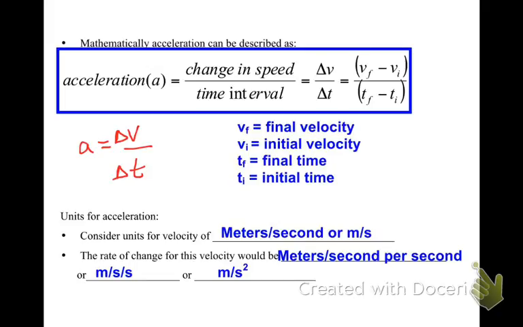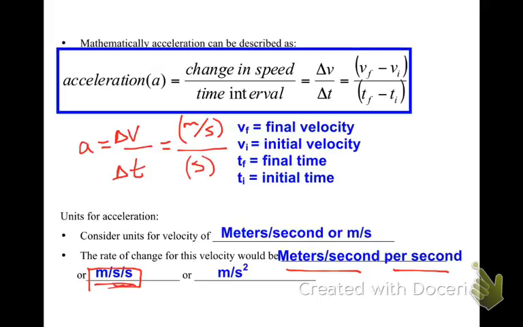So if we take a look at plugging in our units for this equation, our units for velocity are typically meters per second, and our units for time are just seconds. So when we mathematically do that out, we would get meters per second over seconds. And when you see it mathematically written like this, you can just simply combine the two bottom numbers.